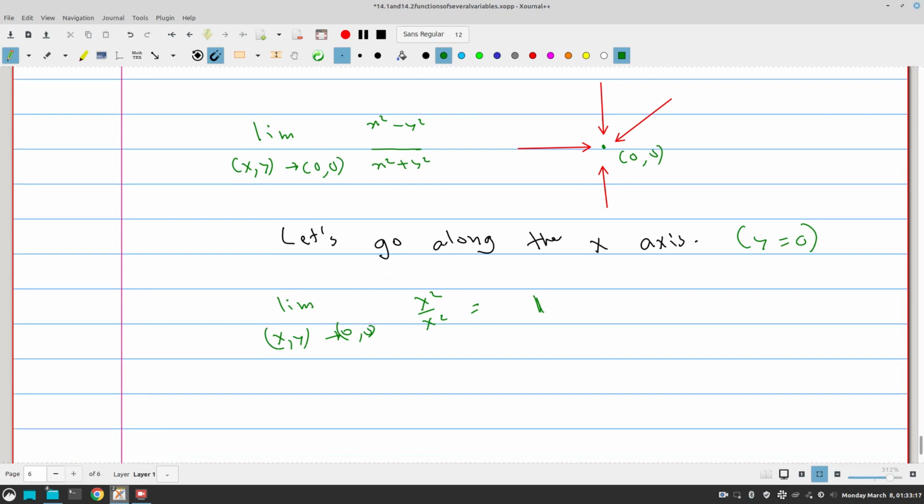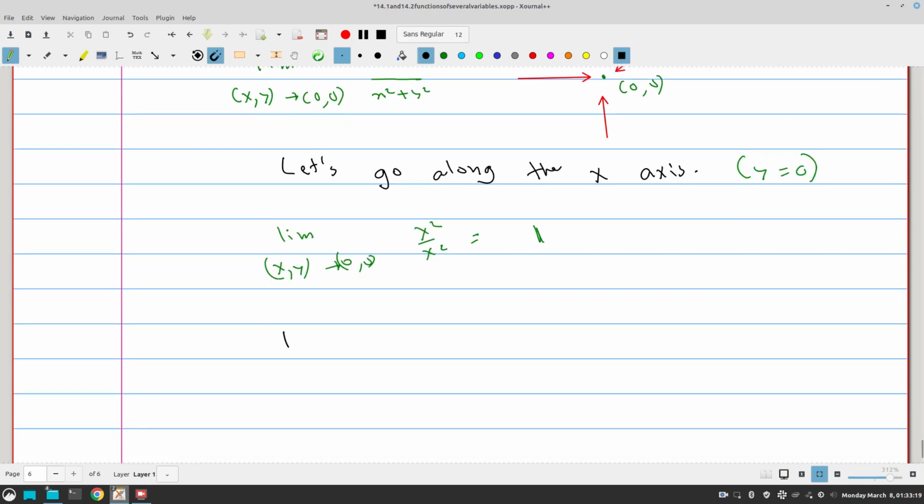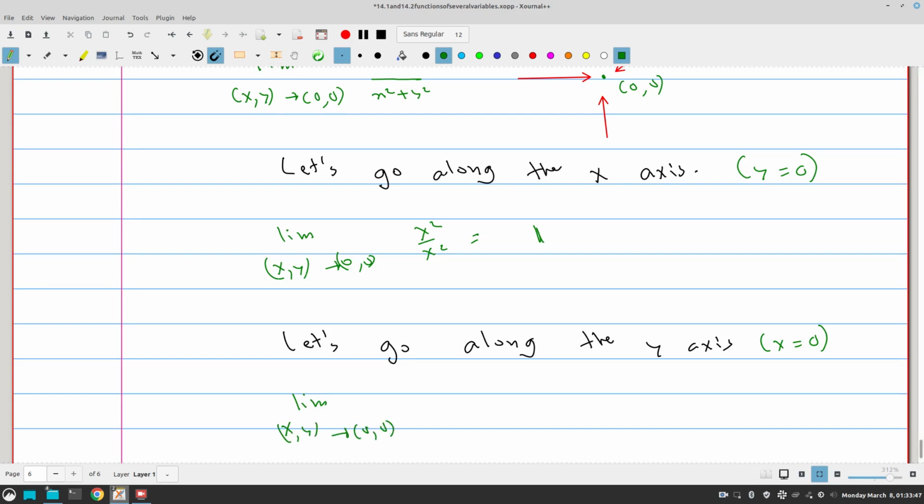But now let's go along the y-axis, meaning x equals 0. The limit that you get along the y-axis is negative y squared by y squared, which equals negative 1. This is not the same as the limit when you go along the x-axis.